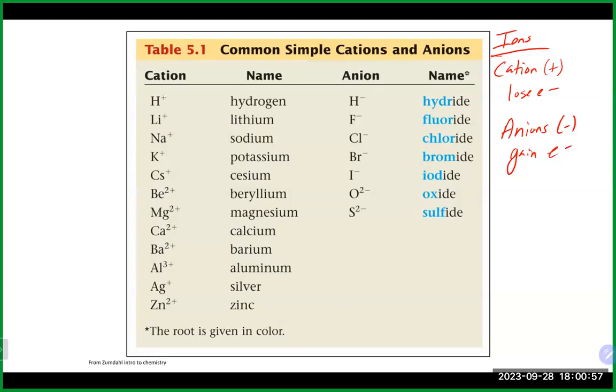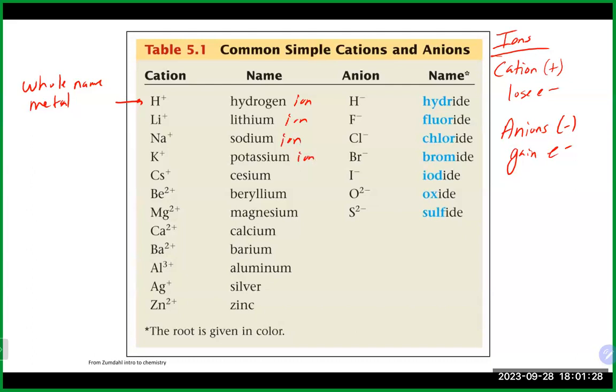And how we go about naming each of these, if we have the ion by itself, is if it is a positive ion, like we see here on this column, we basically use the whole name of the metal in most cases, except for hydrogen, but in most cases, metal. So that is the hydrogen ion, and the only non-metal there, lithium ion, sodium ion, and potassium ion.